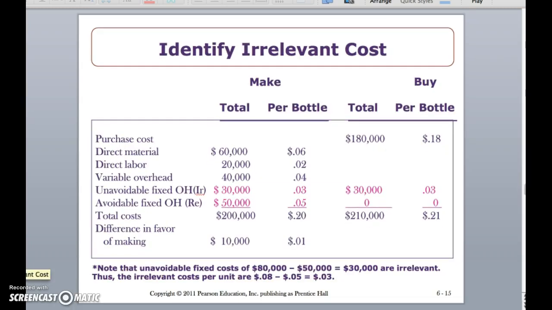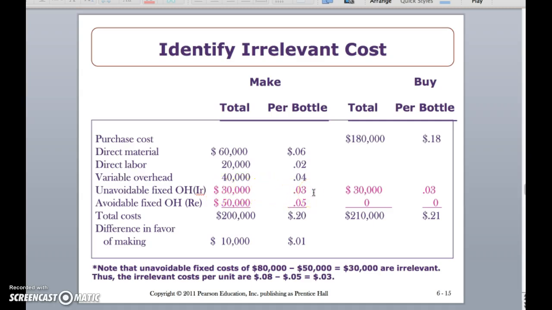Let's look at why. Here, this is the table that includes relevant cost and irrelevant cost. So let's look at the unavoidable fixed overhead. There is a $30,000 irrelevant unavoidable fixed cost. So this $30,000 would stay.